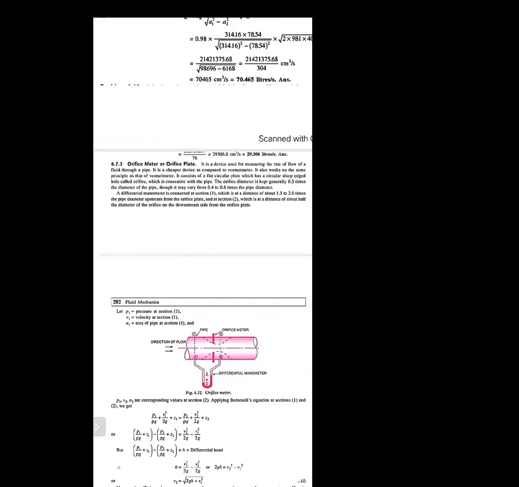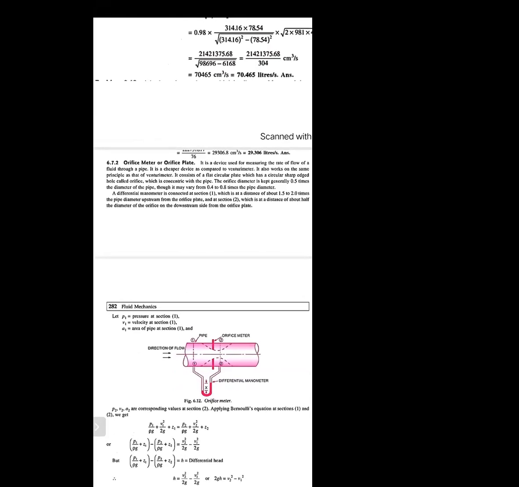It is cheaper than the Venturi meter. It also works on the same principle as the Venturi meter. It consists of a flat circular plate which has a circular edge hole called the orifice.